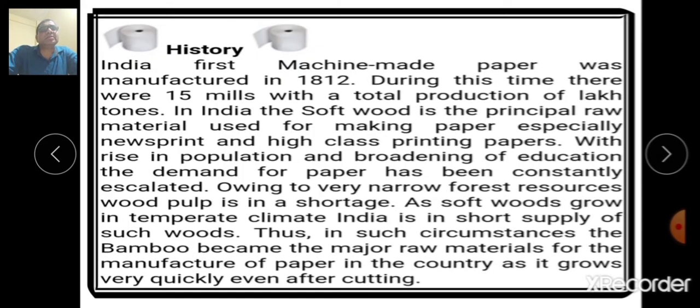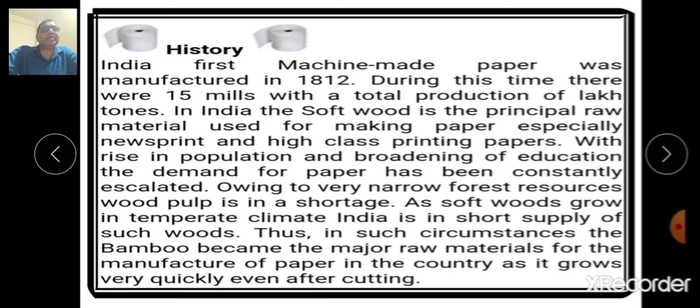Now, about the history of Indian paper industry. India's first machine made paper was manufactured in the year 1812. During this time, there were only 15 mills with a total production of lakh tons.